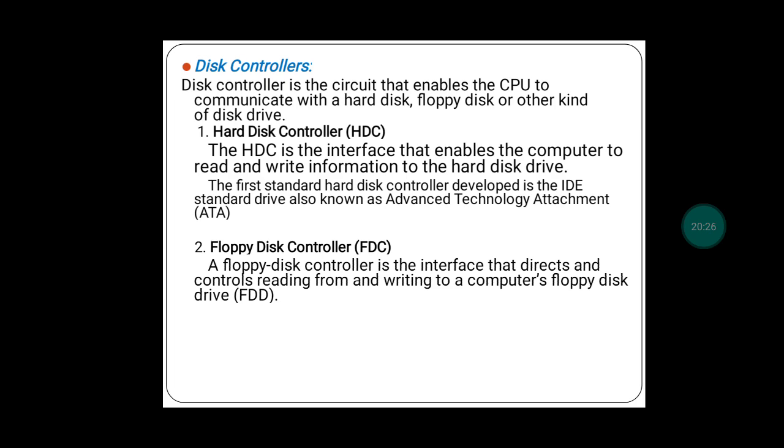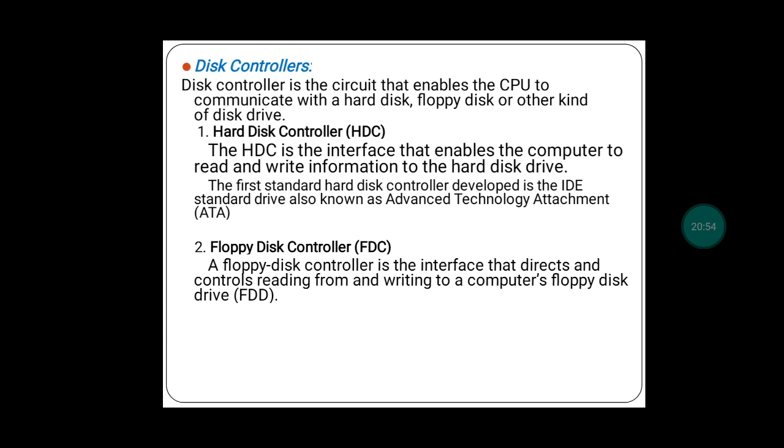Brief information on the floppy disk. Earlier days it was used to store information, but nowadays we are not using the floppy disk. Why? Because the floppy disk has a memory limitation. The data stored on the floppy disk was in the form of MBs, but nowadays we have other secondary devices such as pen drives, where we can store data in the form of GBs.